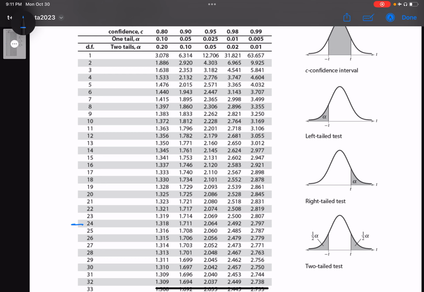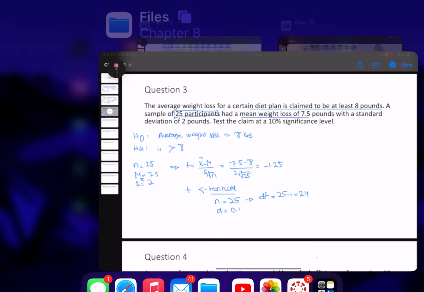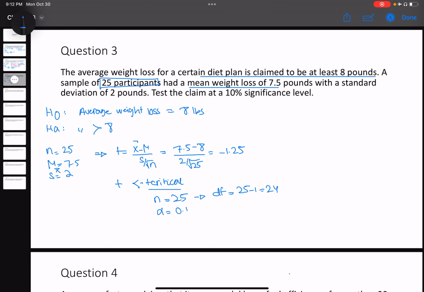it's a one-tailed test at 10% significance. It will be 1.318. And simply, we will consider the negative value, minus 1.318, as the t-critical.